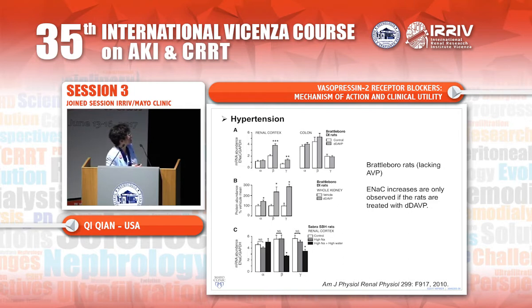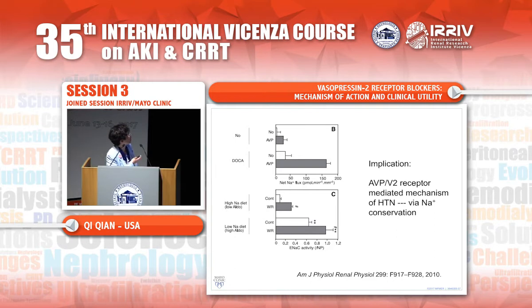And this upregulation of ENaC translates to the development of salt-sensitive hypertension. The effect is amplified if you give AVP plus DOCA, which is a mineralocorticoid steroid. If you give DOCA and AVP, the effects synergize and have a huge hypertensive effect.